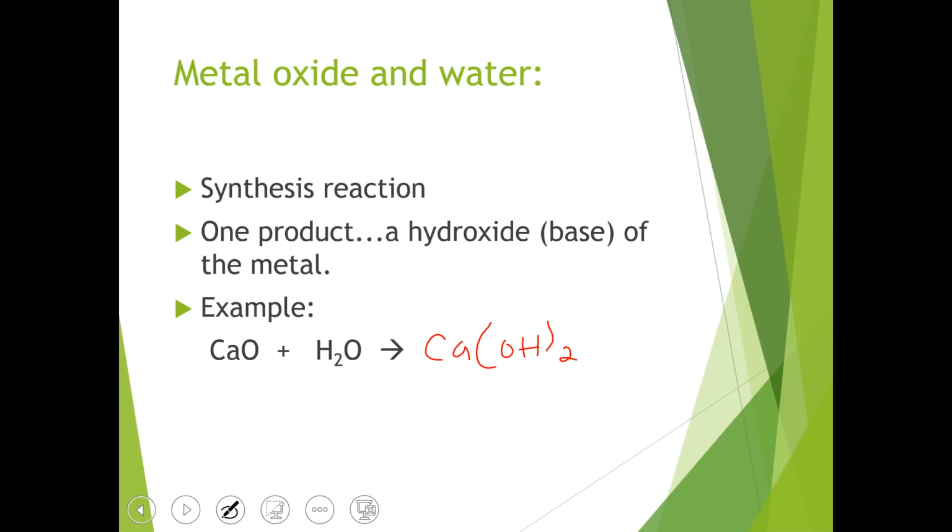Take, for example, this is how rust forms. When you have something made of iron, it'll oxidize in the air and create iron oxide, and then you get iron hydroxide. That's rust. This is what happened to the outside of the Statue of Liberty. She's made of copper. Her copper oxidized, so you have copper oxide. It rains on her.